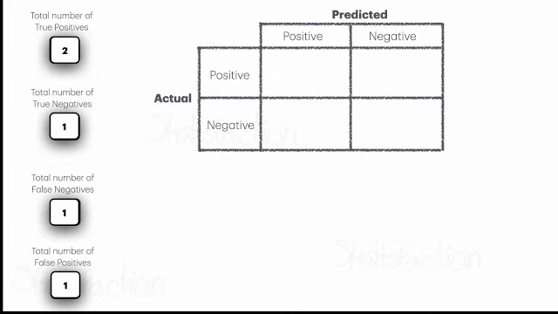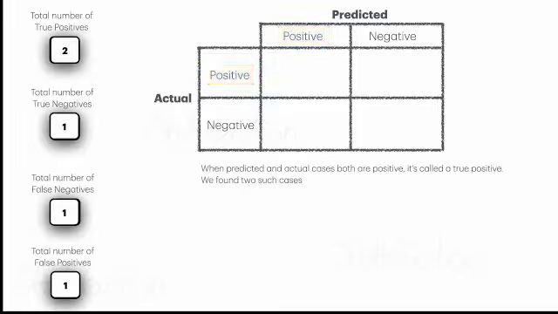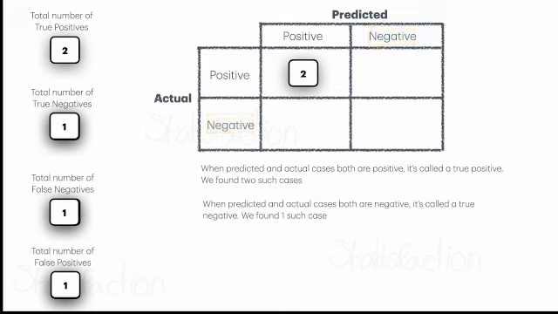Now let's see how our findings form a confusion matrix. When predicted and actual cases both are positive, it's called a true positive. We found 2 such cases. When predicted and actual cases both are negative, it's called a true negative. We found 1 such case.